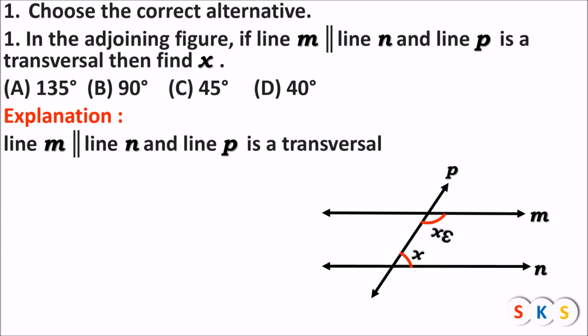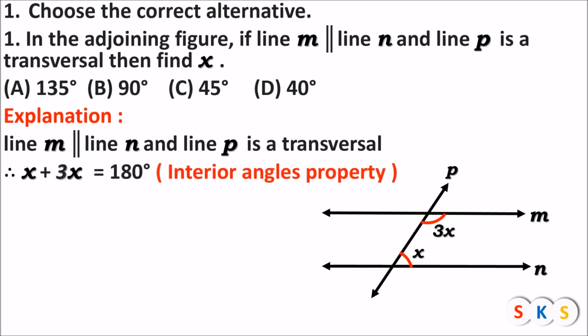X and 3X are interior angles, and we know interior angles are supplementary when the lines are parallel. Therefore, X plus 3X equals 180 degrees. Supplementary means the sum of these two angles would be 180 degrees. It is according to the interior angles property. Therefore, 4X equals 180 degrees.